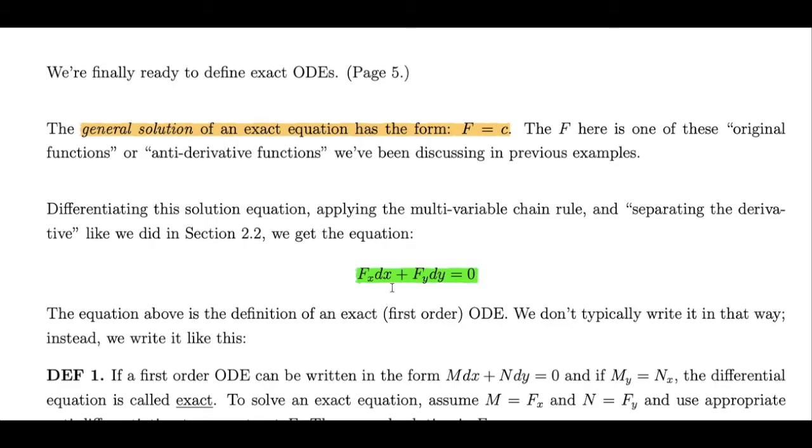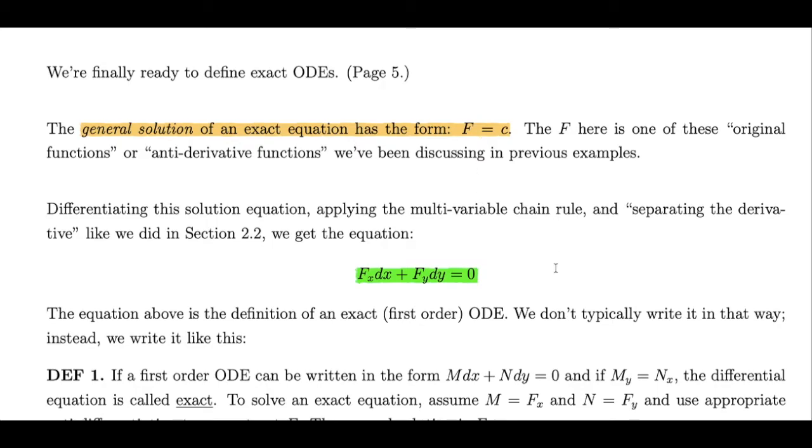The dx and the dy are generated by taking our first derivative and separating that derivative the way we did in the previous section when solving separable differential equations. And these coefficient expressions, as we indicate here with this notation, we want to assume are the derivative with respect to x and the derivative with respect to y of our unknown solution function.